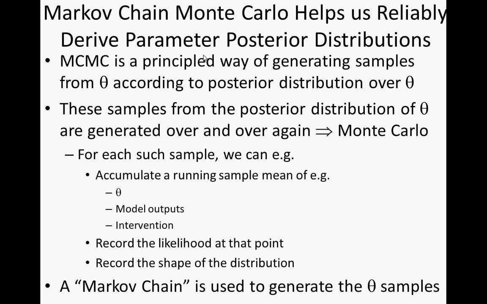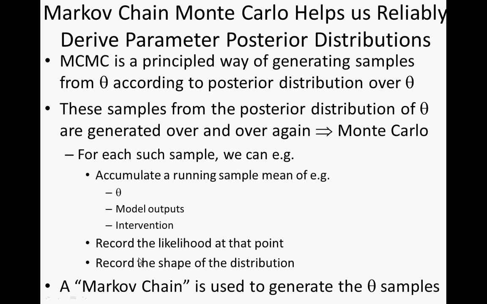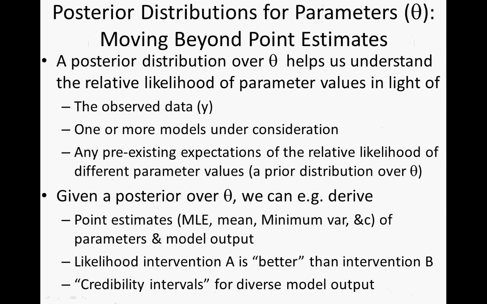So this approach is going to give us an ability to sample from the posterior distribution, which is going to be very valuable for allowing us to derive statistics for identifying the relative desirability of different interventions, the level of difference between different intervention gains, for example, arriving at point estimates or distributions for model output going forward.